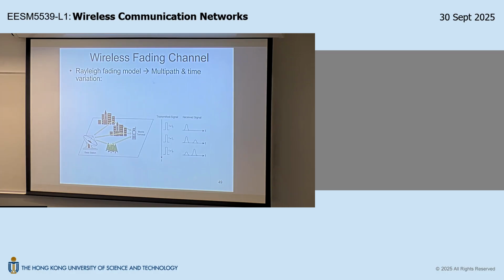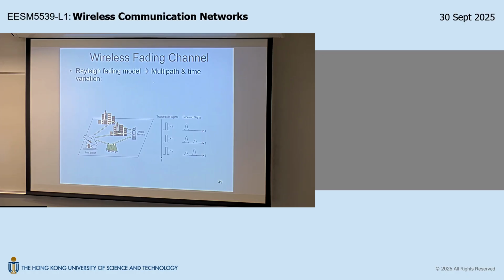Okay. Now, this multipath fading, let's also examine the properties in terms of the time scale. Is it a fast time scale or slow time scale process? So that means how long it takes you to move from a bright spot to a dark spot. It's in the order of half lambda, right?